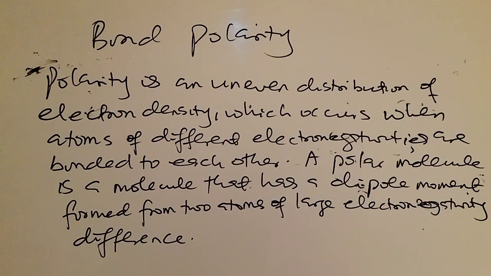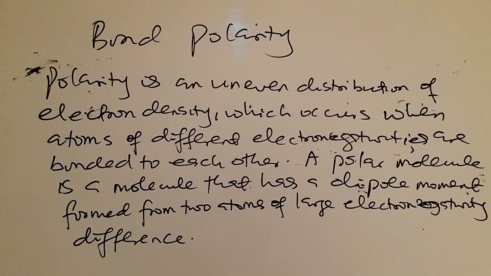Polarity is an uneven distribution of electron density, which occurs when atoms of different electronegativities are bonded to each other. I repeat, polarity is an uneven or non-uniform distribution of electron density, which occurs when atoms of different electronegativities are bonded to each other.